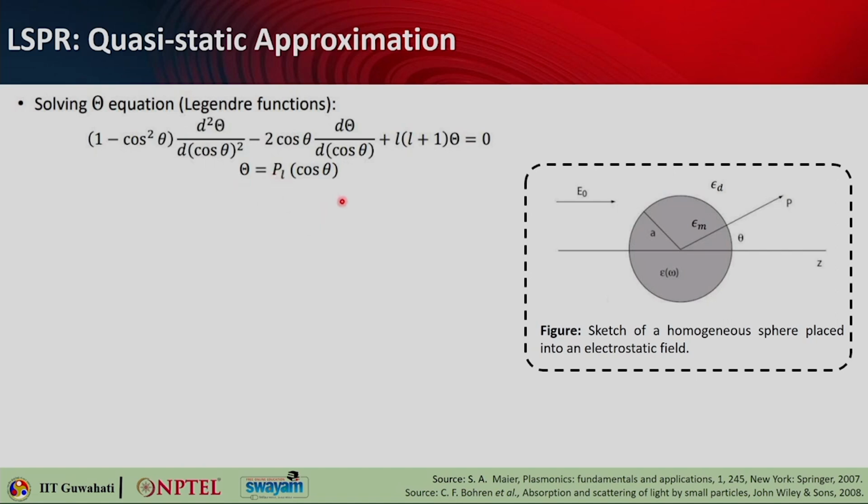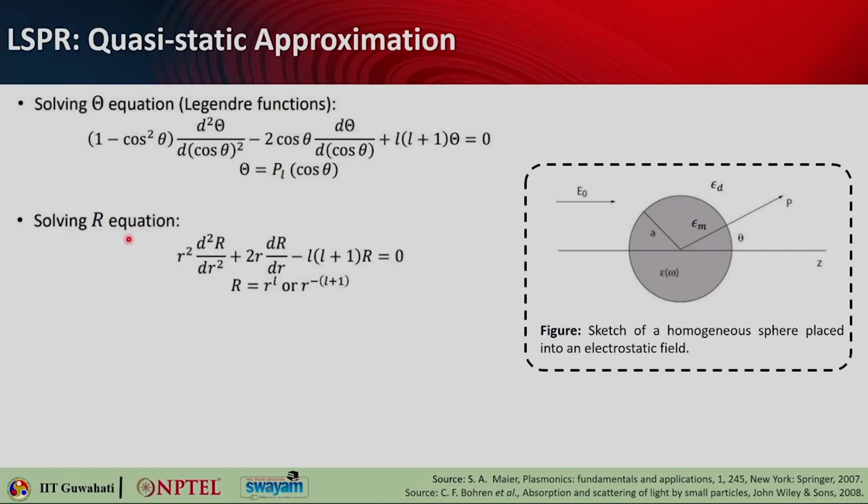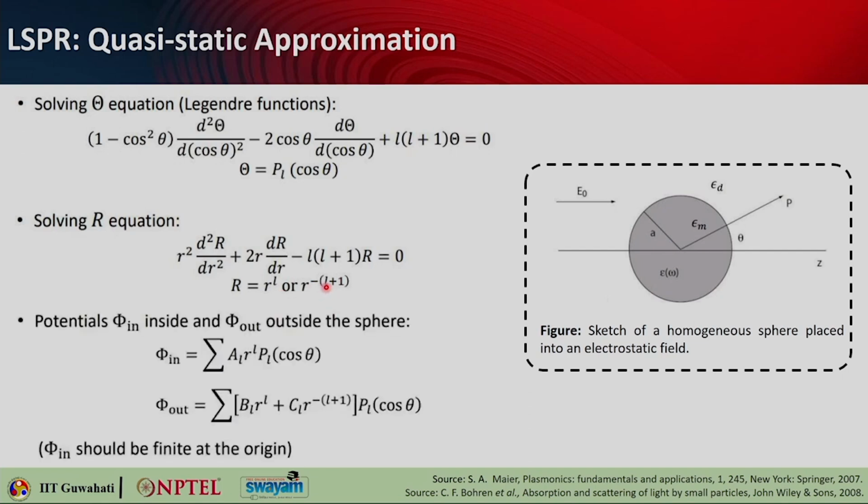So, Theta equals P L cos theta, and when you solve the r equation you get R equals small r to the power L or r to the power minus (L plus 1). In that way you are also able to write down the potential inside, that is phi in, inside the sphere, and also phi out, that is outside the sphere. So, these are the two expressions from these equations that tell you what the potential is inside and outside the sphere. These are the new coefficients that you have introduced.